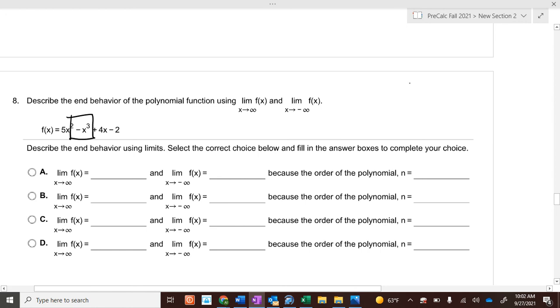So it's going to look like this. Okay, it's going to look like that. So as we go towards infinity, it's negative infinity. As we go for negative infinity, it's infinity. And the degree of the polynomial is 3.